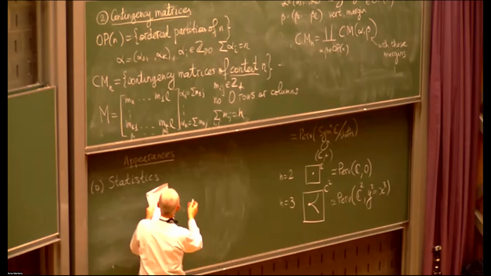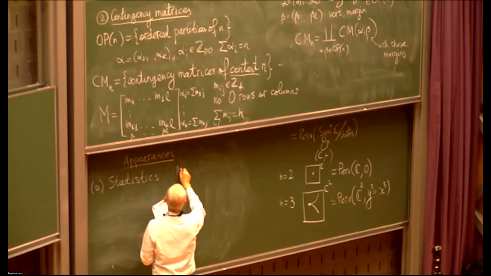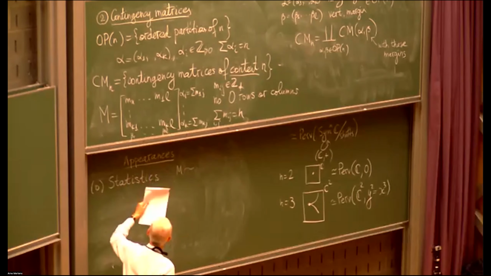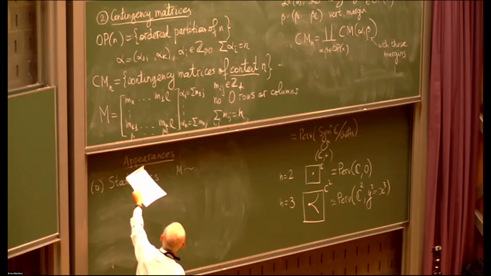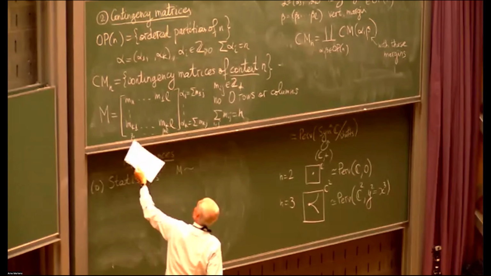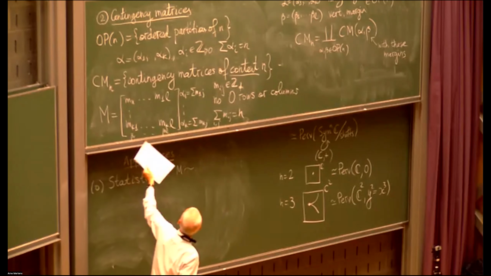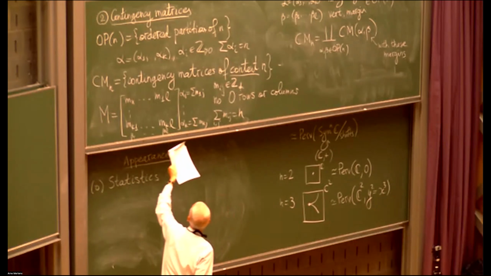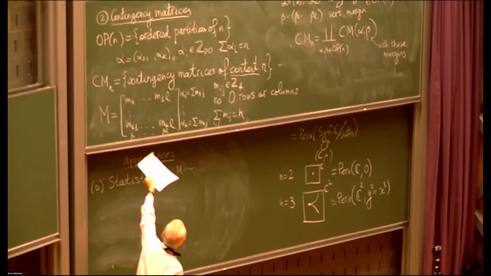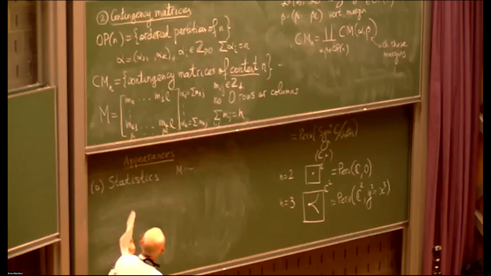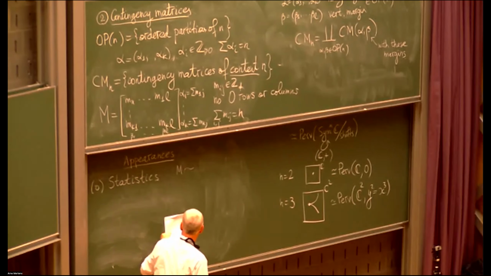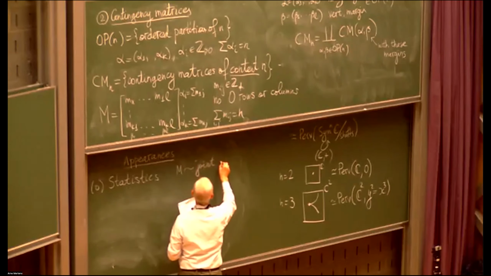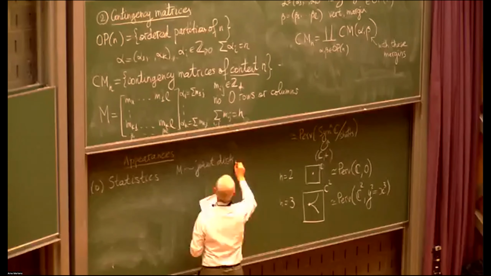A matrix M corresponds just to a joint distribution of two random variables. If you normalize this to 1, dividing by n, and normalize this to 1, dividing by n, we get two probability distributions. This is like a joint distribution of two random variables with those distributions.